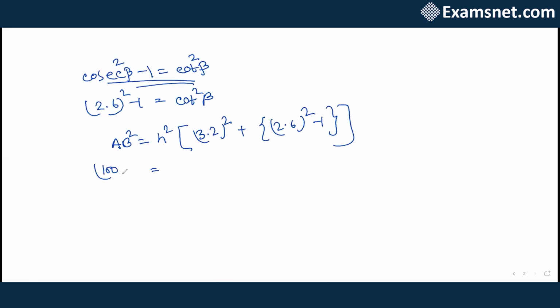So 100 square equals H square times 10.24 plus 5.76.